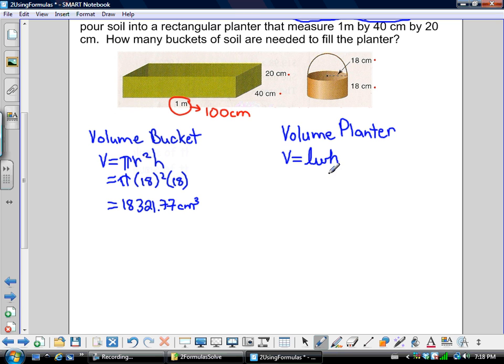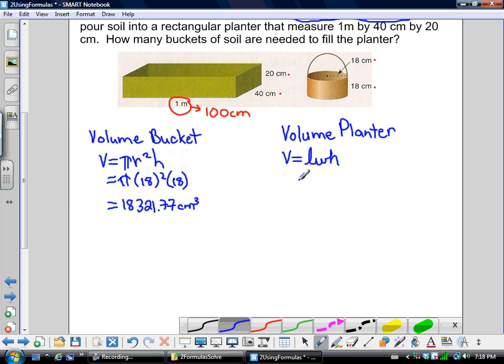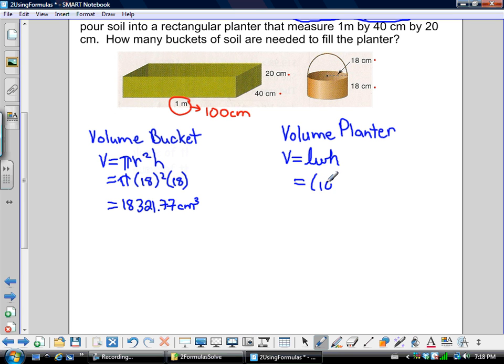So I've converted it. It's a matter now of taking these three numbers and substituting them into our volume formula for our planter. And when we do that, we end up with 100 times 20 times 40.